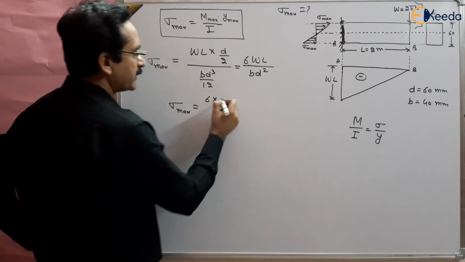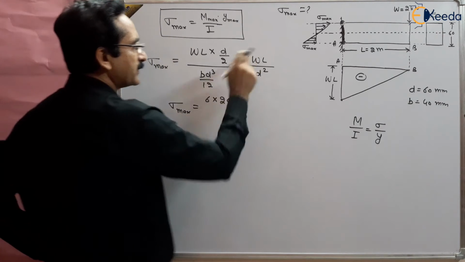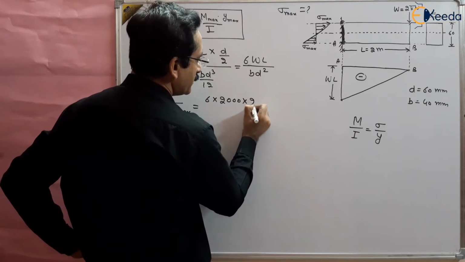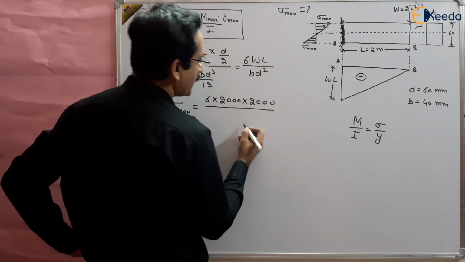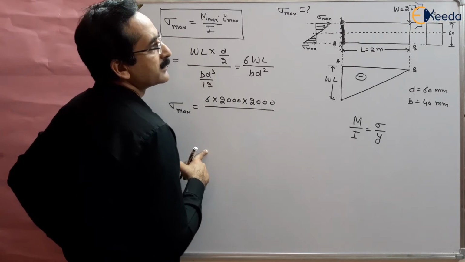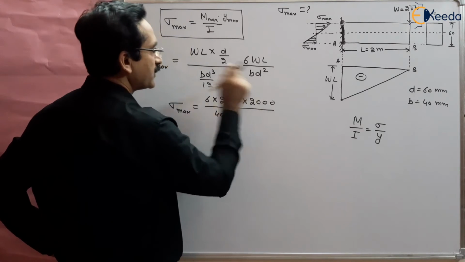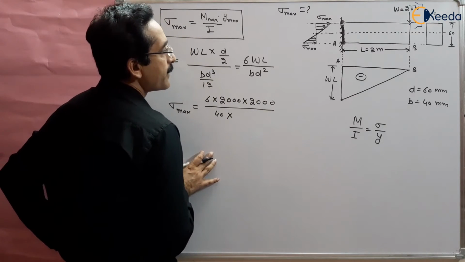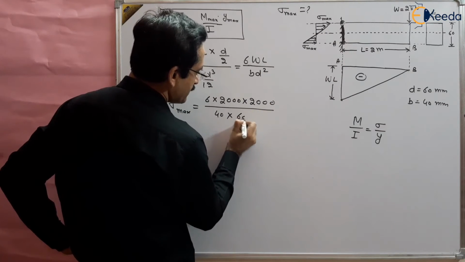W is the load applied, that is 2000 Newton. L can be taken in millimeter so that the answer may come in megapascal, divided by b, width, that is 40 mm, d square, depth, that is 60 squared.